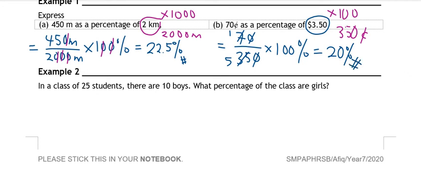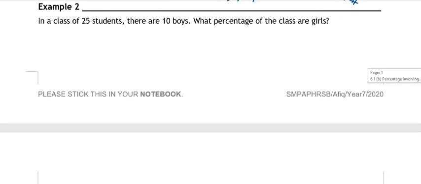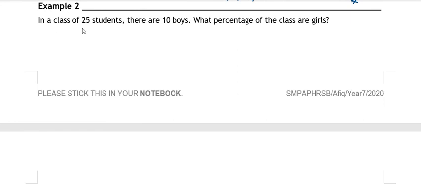Now, let's proceed to example number 2. Simple word problem here. In a class of 25 students, there are 10 boys. What percentage of the class are girls? So here you have to know the values first. 25 students is the whole class, and a part of them are boys and the rest are girls.